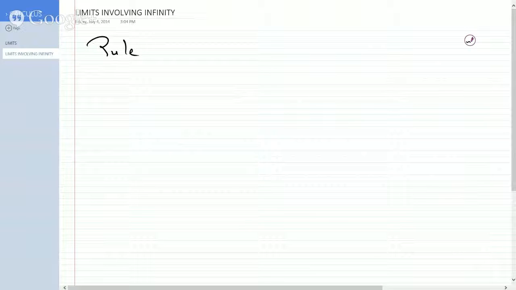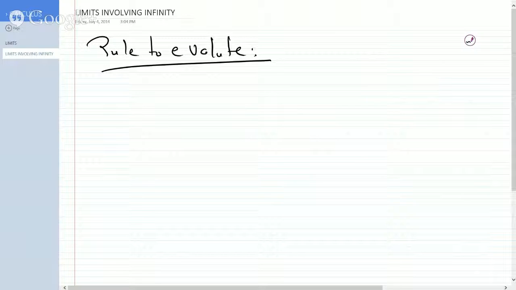When you're evaluating limits as x goes to infinity, the rule is very simple. It's one rule.